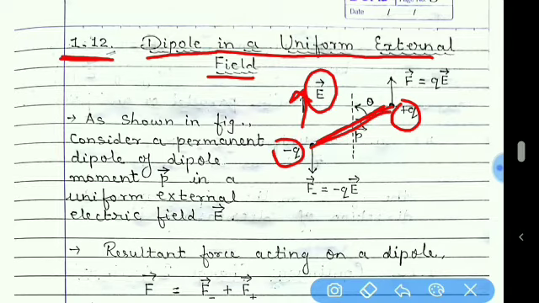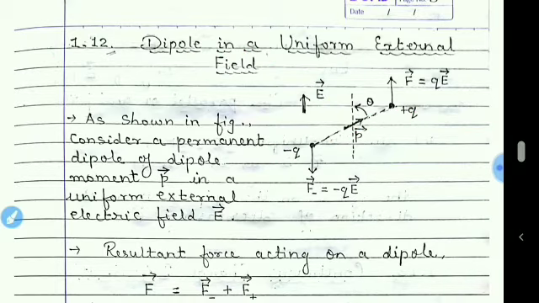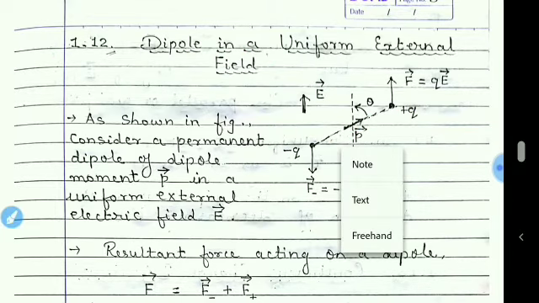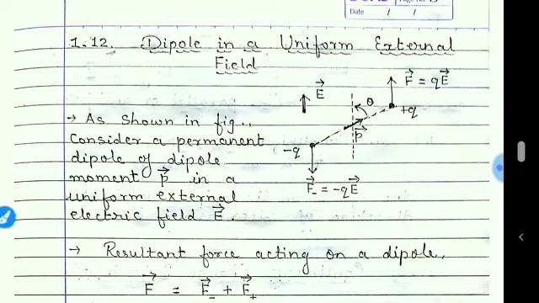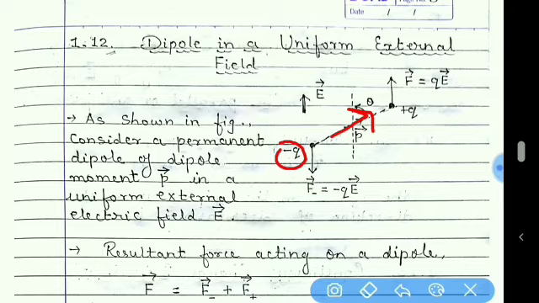Also in the figure it is given that the direction of dipole moment is this, and that we have also studied earlier: the direction of dipole moment is from negative charge towards positive charge.